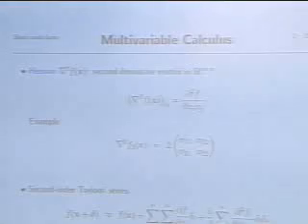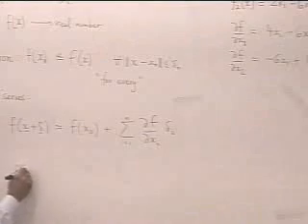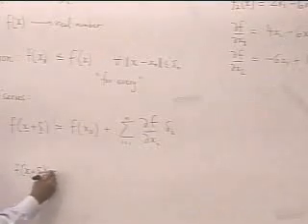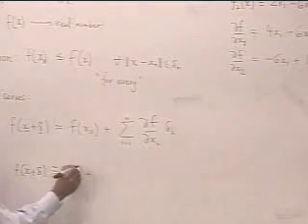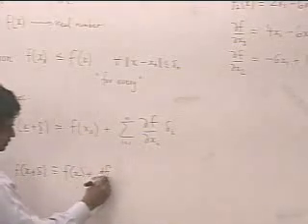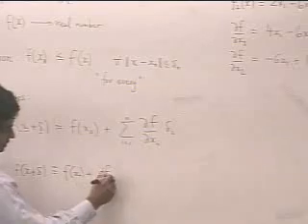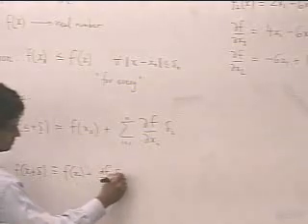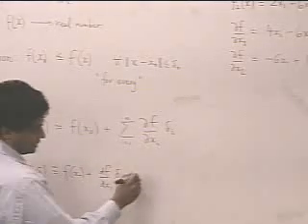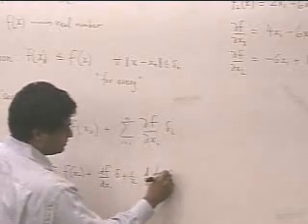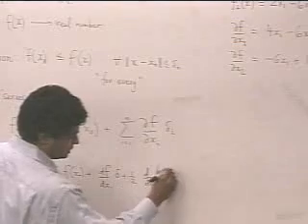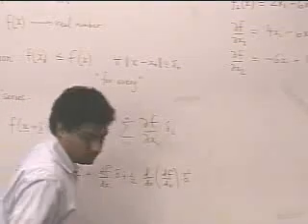In the one-dimensional case, the Taylor series expansion said that f of x plus delta, these are not vectors, this is just one-dimensional, is f of x0 plus the derivative with respect to the first component times delta plus 1/2 times the derivative with respect to the first component of the derivative with respect to the first component times delta squared.